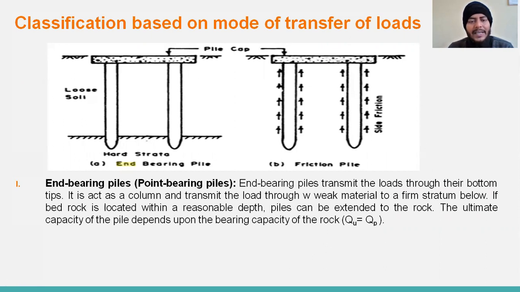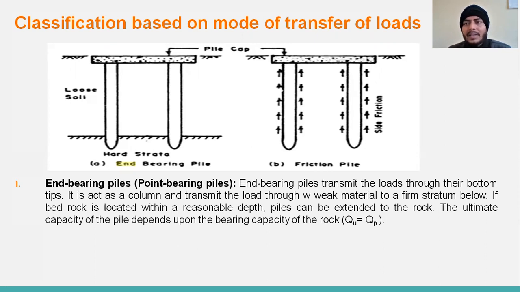If bedrock is located within a reasonable depth, the pile can be extended to that rock. The ultimate capacity of the pile depends upon the bearing capacity of the rock. So the ultimate bearing capacity in this case will be equal to Qp, where Qp is the resistance of the pile at the tip. In the first figure, whatever load comes on the top of the pile will be directly transferred to the hard strata.